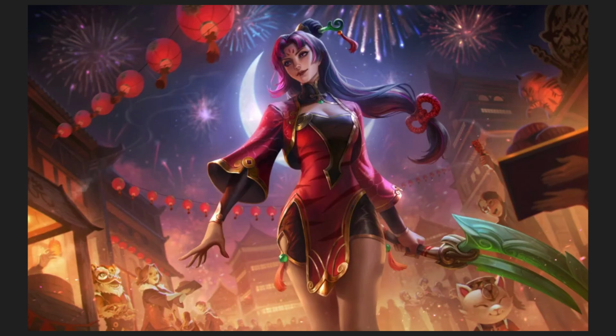Well, red is the color that means luck and happiness, especially during the Chinese New Year. And it also has some ties to the Yan Beast legend, which I'll talk about with another League skin. And then you might also look at her design, and you might see this jade blade that she has. And you might be asking, what is the importance of jade?